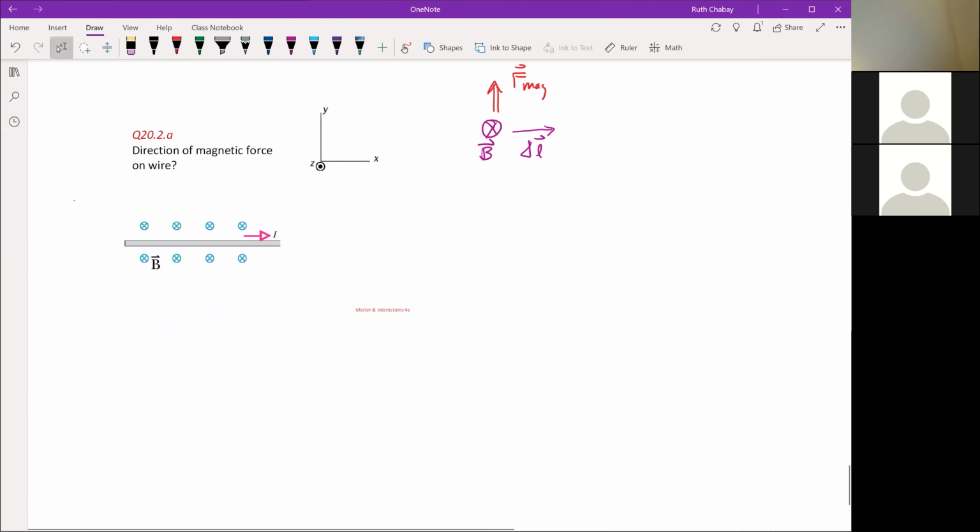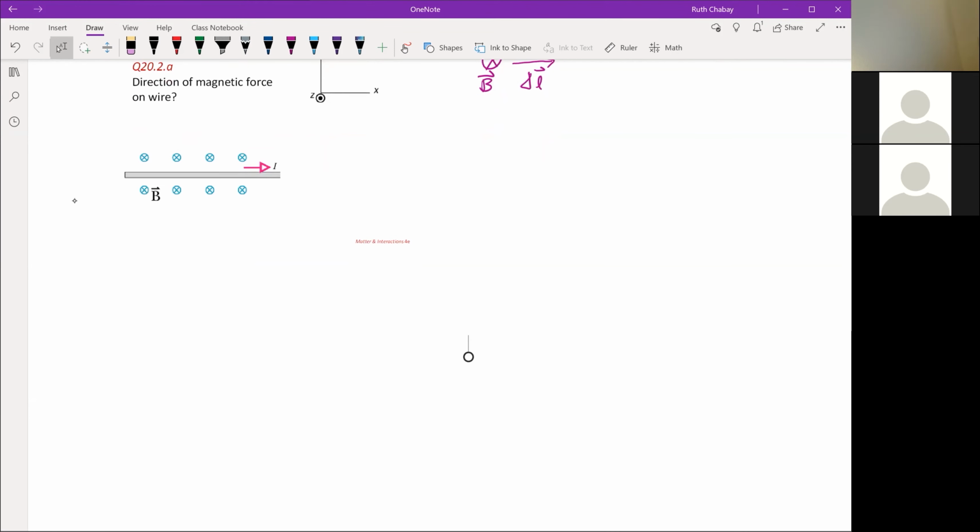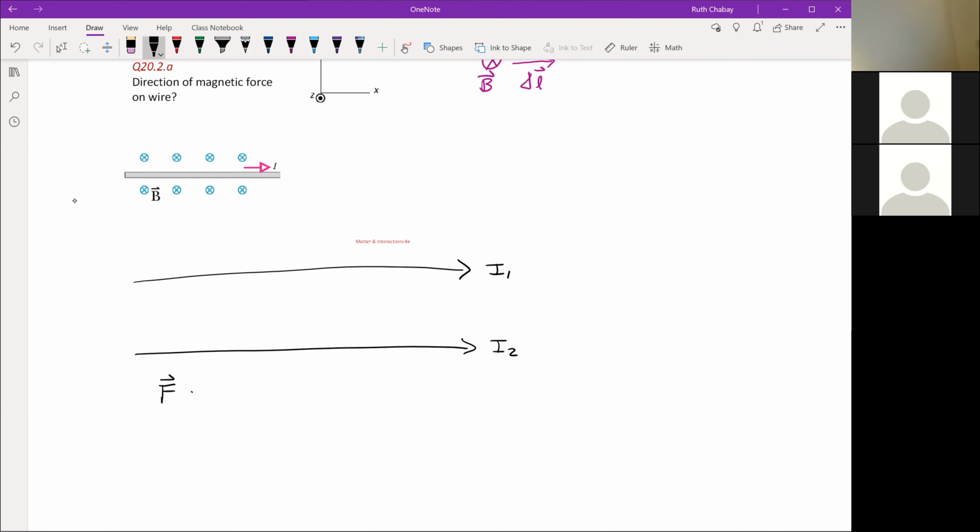Now, an interesting thing to think about is how we would calculate the force that one current carrying wire exerts on another. And so if we have a wire with a current going this way and another wire with a current going that way, what's the direction of the force on the bottom wire?